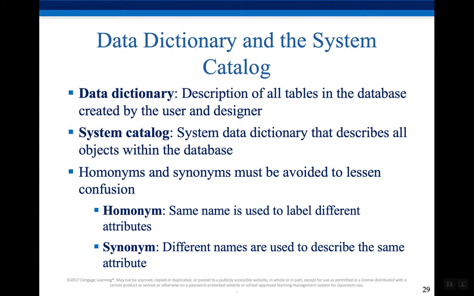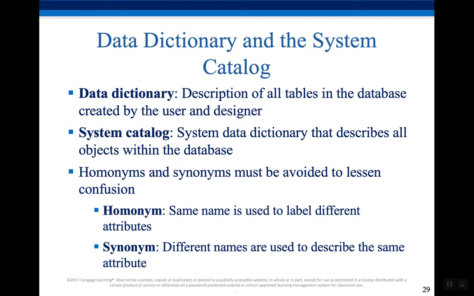Data dictionary, system catalog. These are some of the inner components inside the database management systems that basically let the database do its magic. The data dictionary is a description of all the tables in the database created by the user and the designer. The system catalog is different; it describes all of what we call the objects in the database.